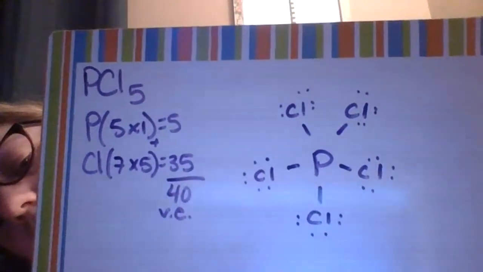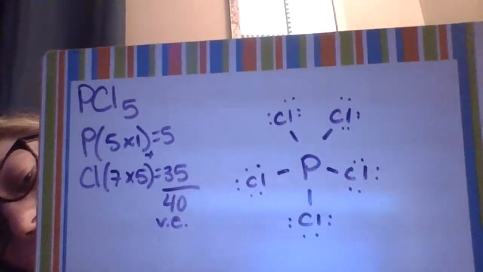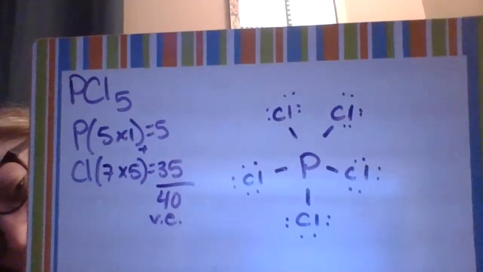It is all around. However, the phosphorus atom still only has 5 electrons on it. So 3 of these could become double bonds, I believe.